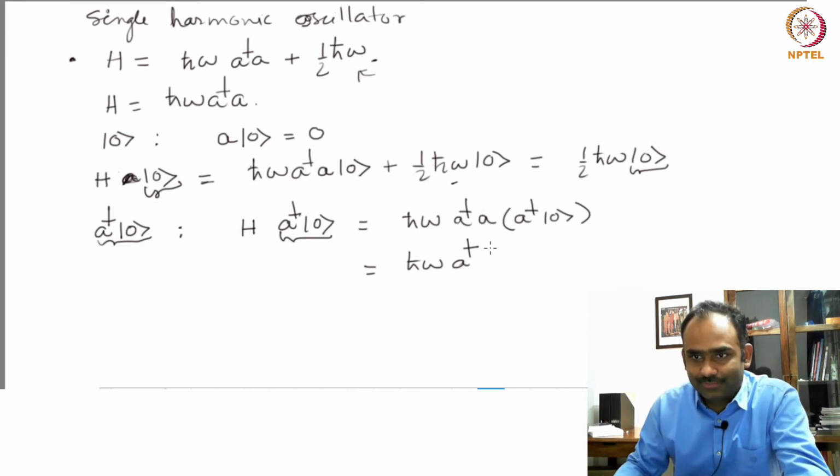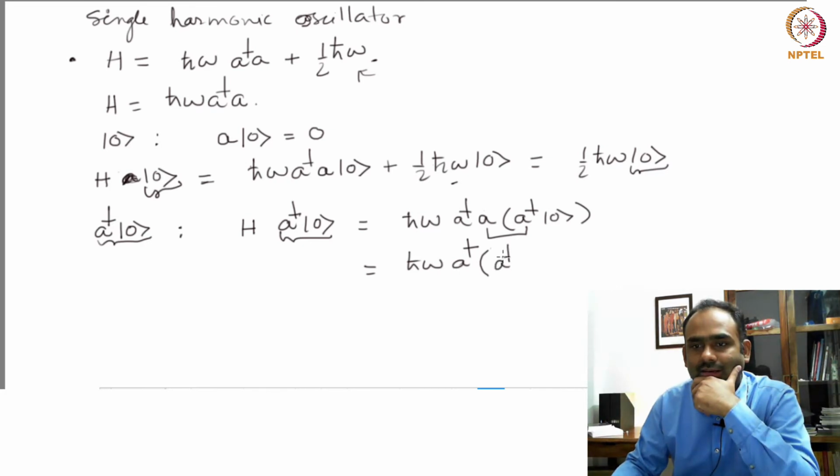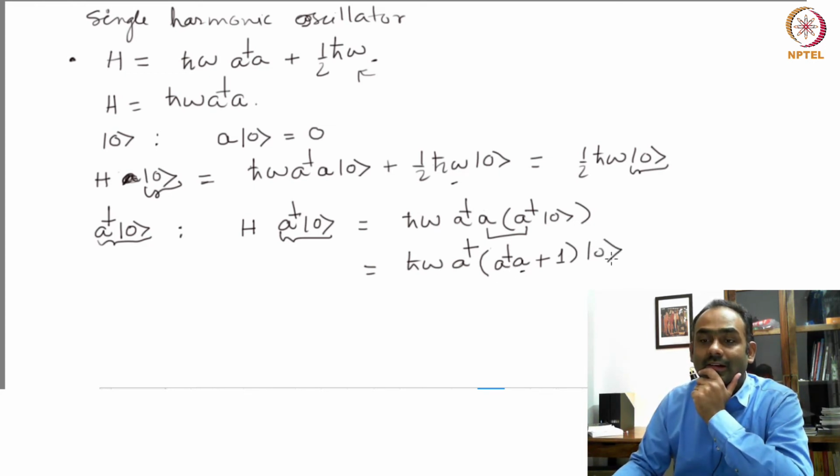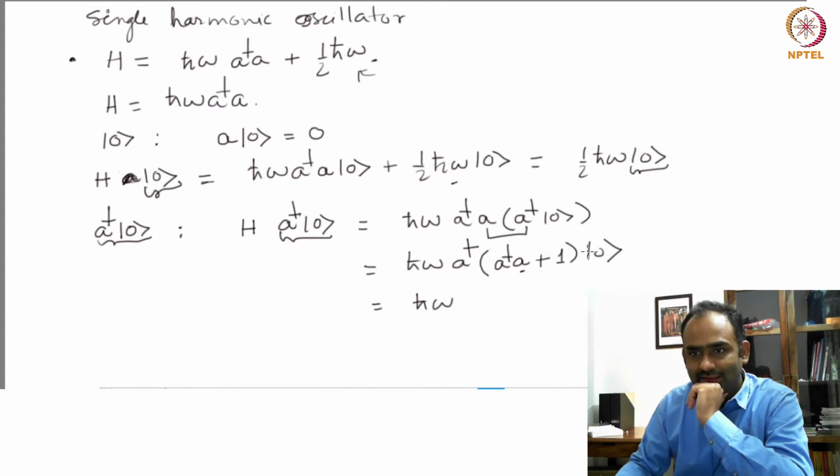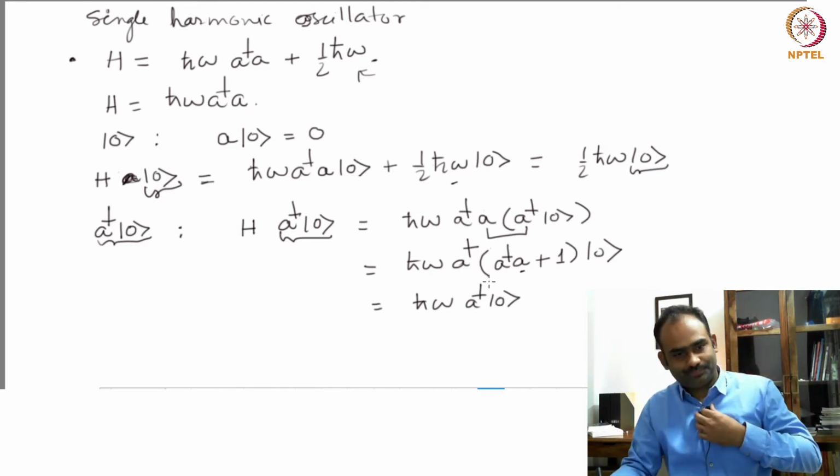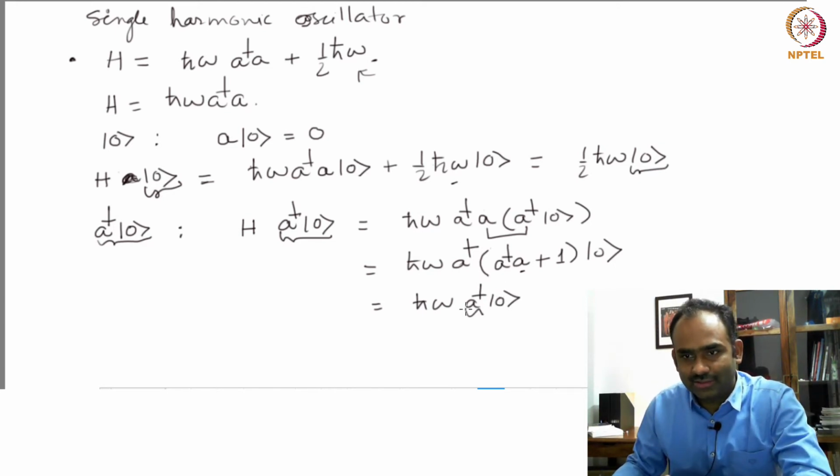So I will write this piece in a round bracket. It will give you a dagger a plus 1 acting on ket 0. Now when this operator acts on ket 0, it kills it. So that term is gone. You are left with only h bar omega a dagger ket 0. Now this a dagger ket 0 is what you started with.